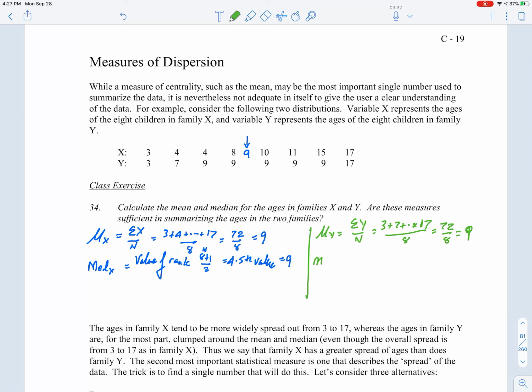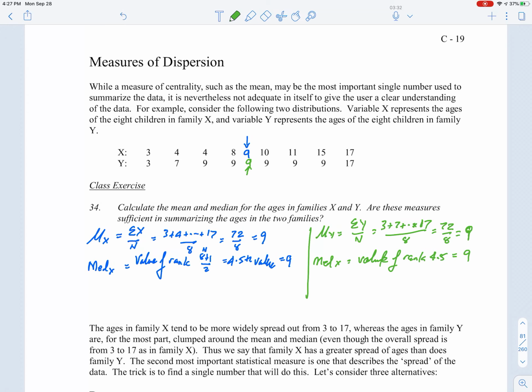And the median will also be equal to the value of rank 4.5, which is 9. So it's right in here, halfway between these two values, 9 and 9, so that also is 9. So we've got the same means and the same medians for both X and Y.